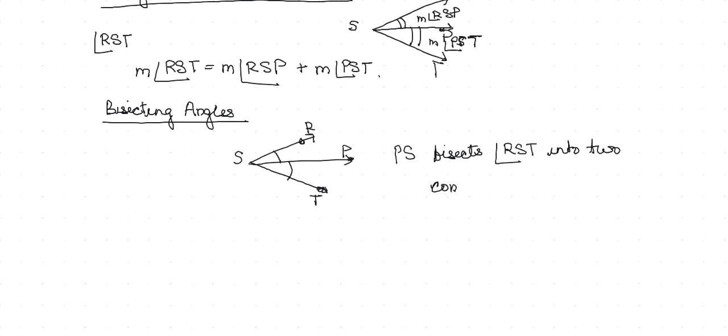This is an arrow, so that's bisects, into two congruent angles.